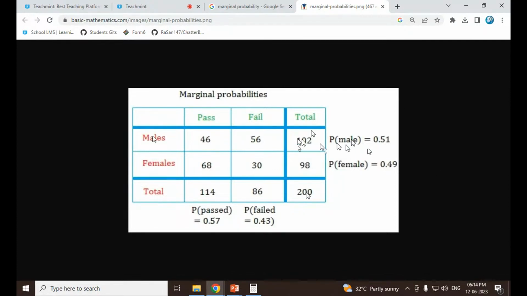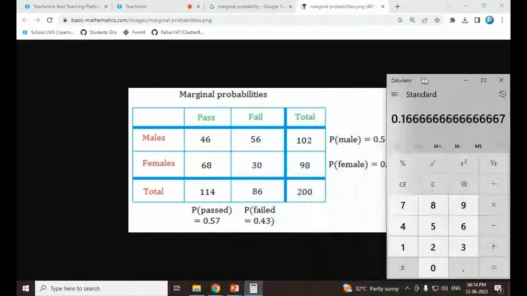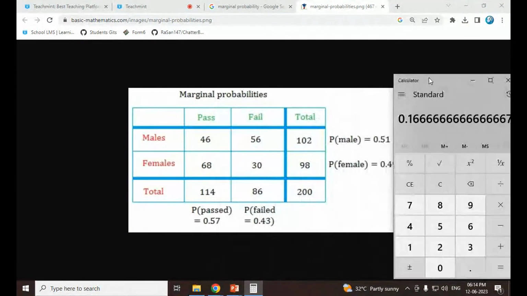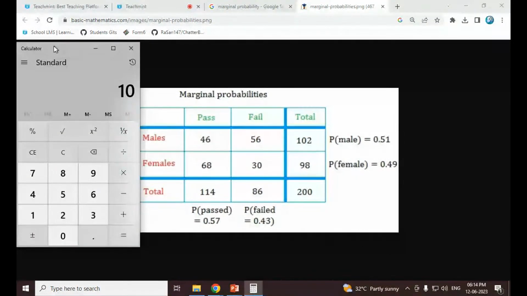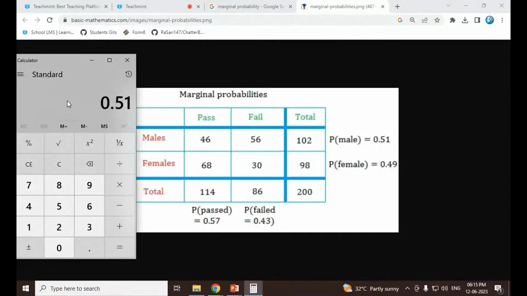Out of 200, 102 are male, so 102 divided by 200. We have already calculated it. 102 divided by 200 gives 0.5. So we are talking about how many males there are out of 200. 51% are males.